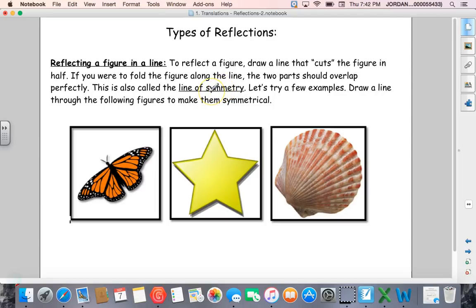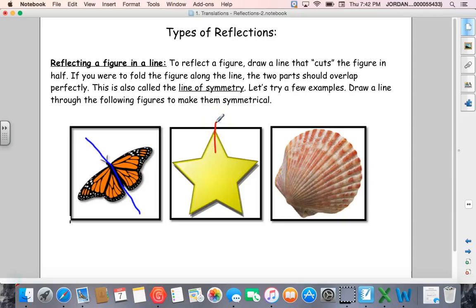For example, this butterfly has a line of symmetry, or reflecting line, that goes right down the middle of it. That line is a little bit off, but maybe I can move it. That line would go right down the center of the butterfly, and you can see it's the same on both sides. This star has a lot of different lines of symmetry.